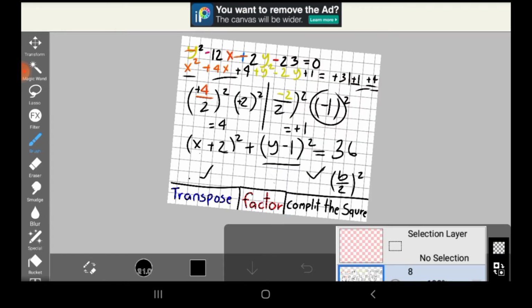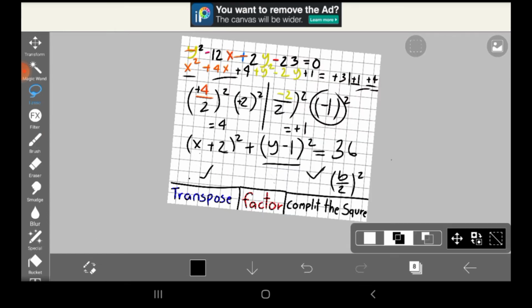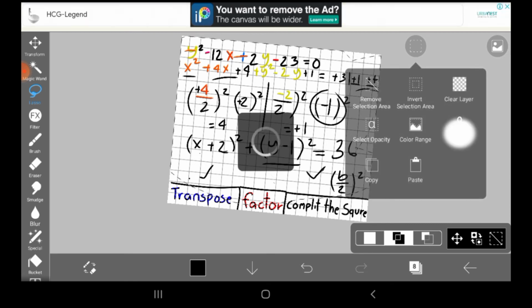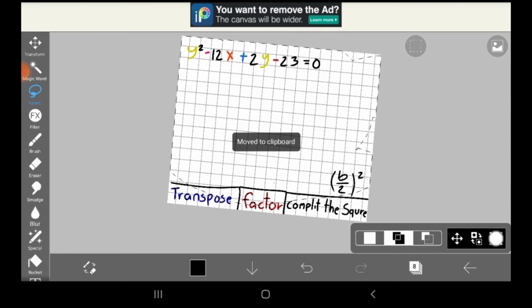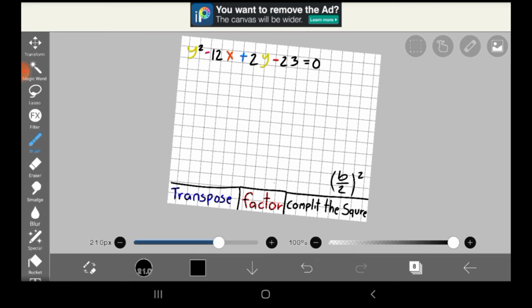First, let's clean our canvas, so it doesn't look messy. Now we're going to use these 3 types of methods on a parabola.